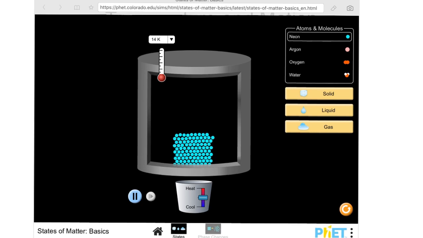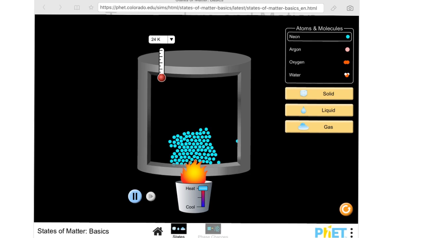Sorry, not neon gas, because right now it would be a solid, because we are at a very, very low temperature. So the particles are still moving, even though they are in the solid phase. We know that this is a solid because they are very close together and they are lined up neat and orderly. As we heat our sample up, you can see that the temperature is increasing and the particles start to move more.